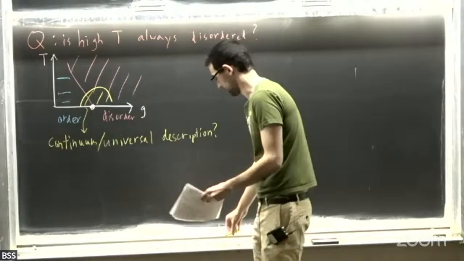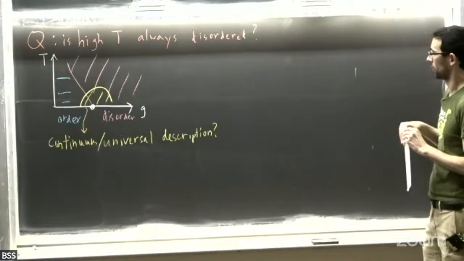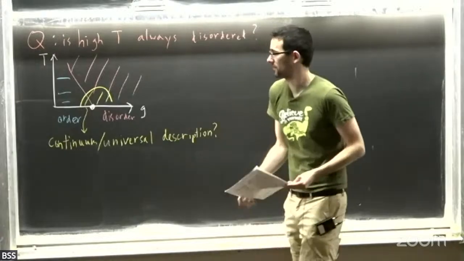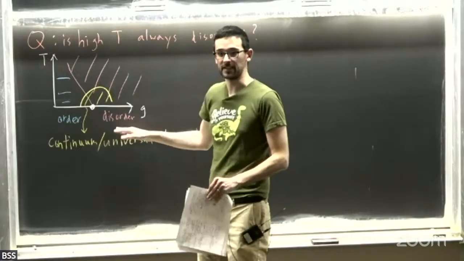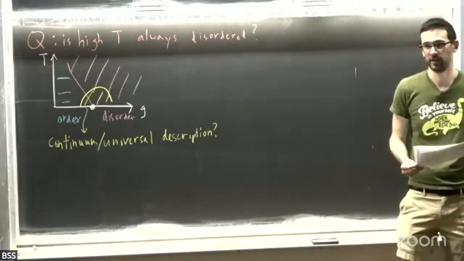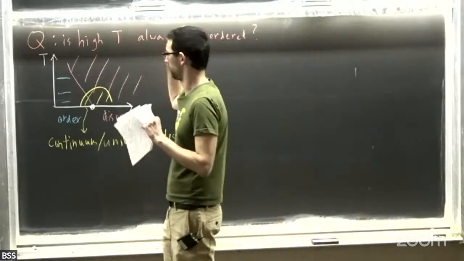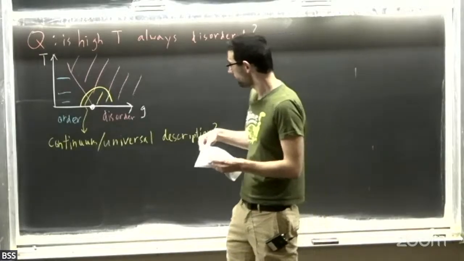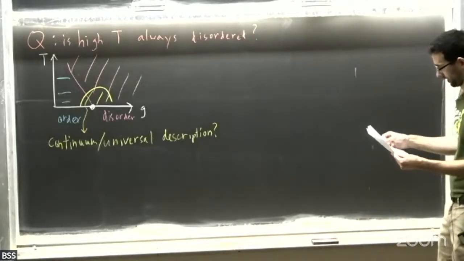We might ask whether, if we could make this line bend the other way, or just switch the color of the phases, with disorder over here and order over here, that would suggest there exists some kind of continuous theory that actually breaks a symmetry at high temperature rather than low temperature, right? In the continuous description, I wouldn't see any lattice scale cutoff. So this is another perspective on what we would like to do.